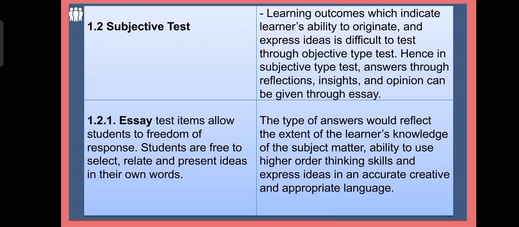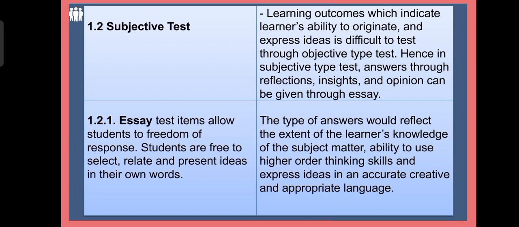So, this type of testing can be beneficial for both students and teachers because it allows for a more individualized learning experience. The students can showcase their unique perspectives and understanding of the material, while teachers can gain insight into each student's thought process and level of comprehension.